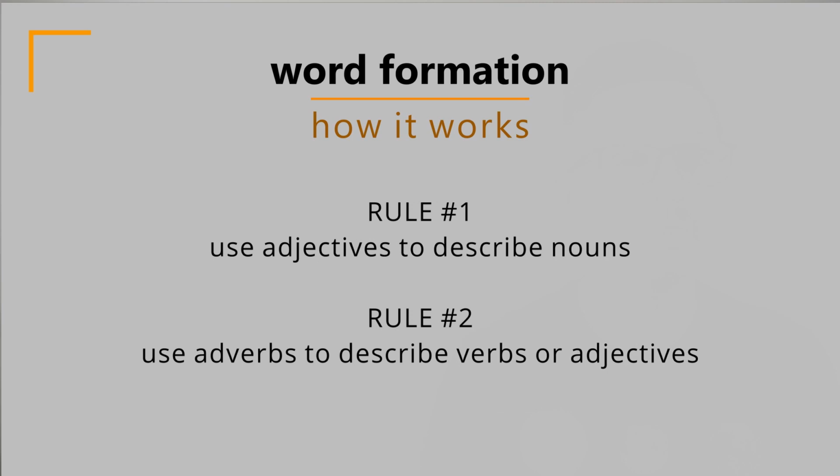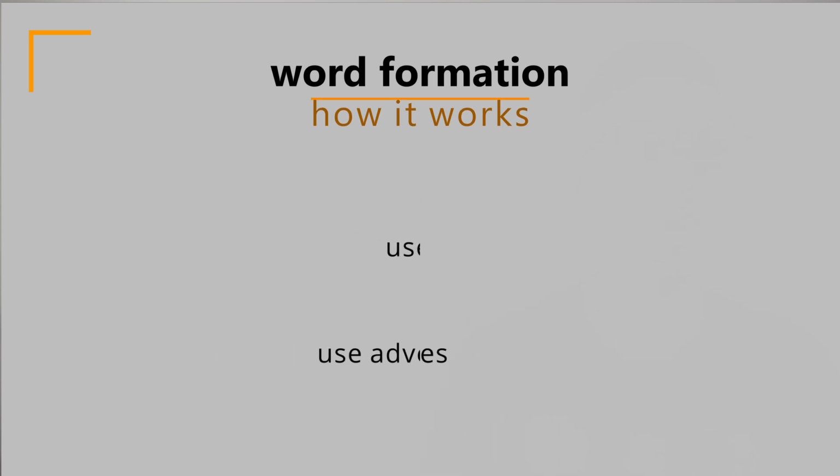And now it's time to check if our rules actually work. Let's repeat it. Rule number 1. Use adjectives to describe nouns. Rule number 2. Use adverbs to describe verbs or adjectives. So let's build up a little bit and make our sentence a bit longer.